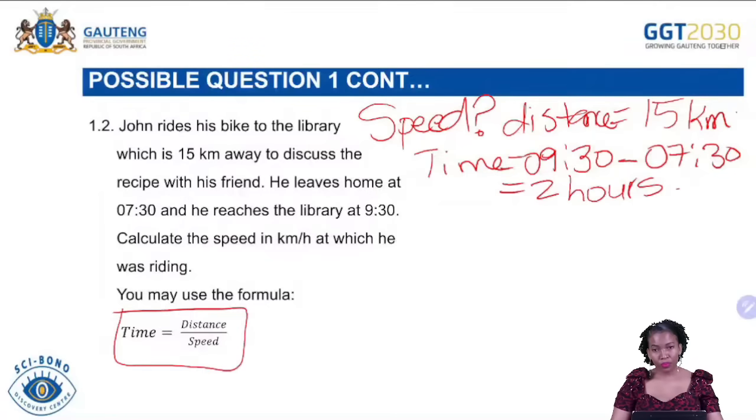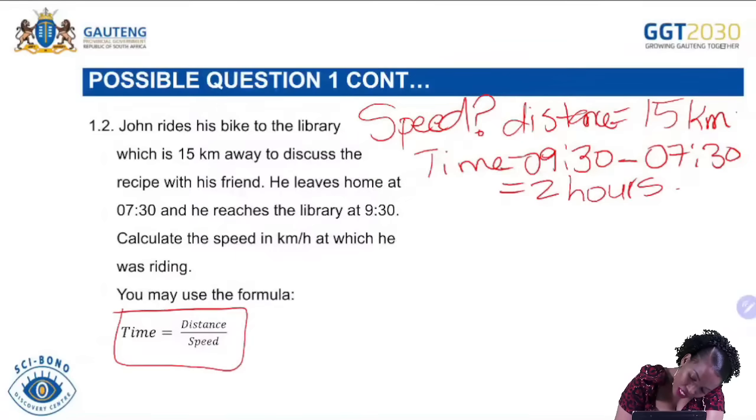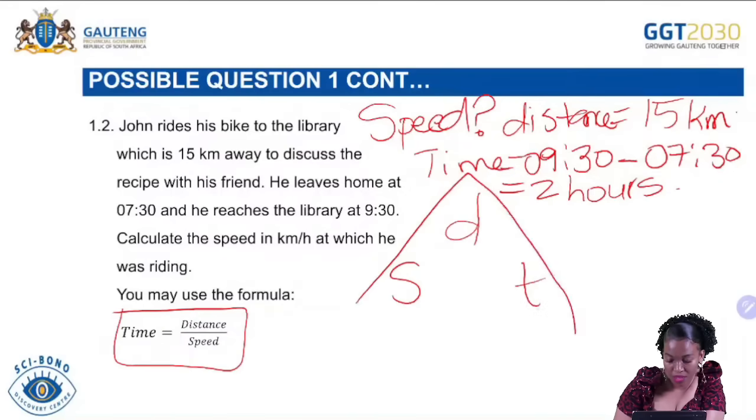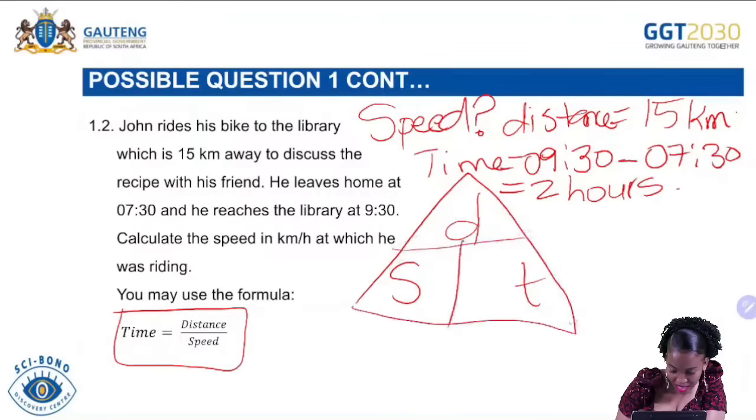To make things easier for yourself, we use the DSTV method. We say D, S, T, and then V. So the DST TV method. Then you close it like this. When it's closed like this, it means divide.